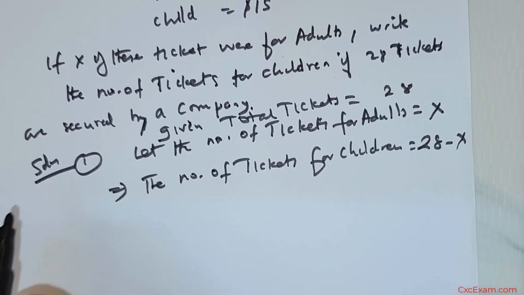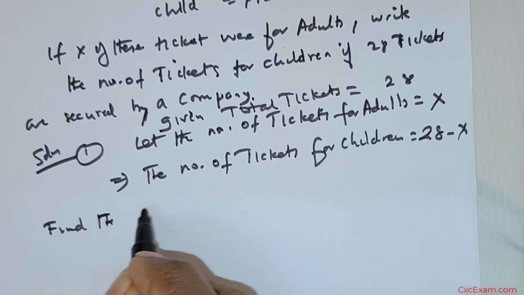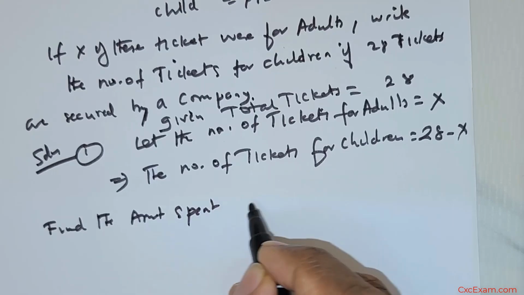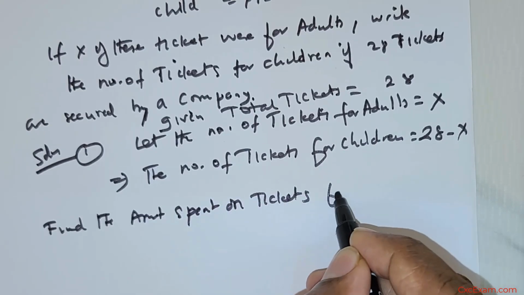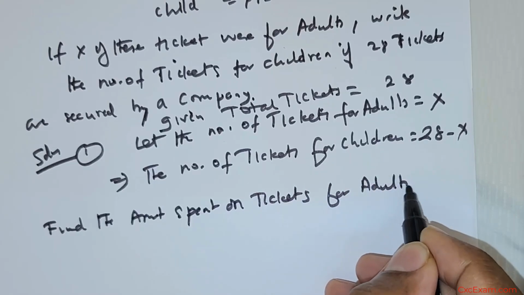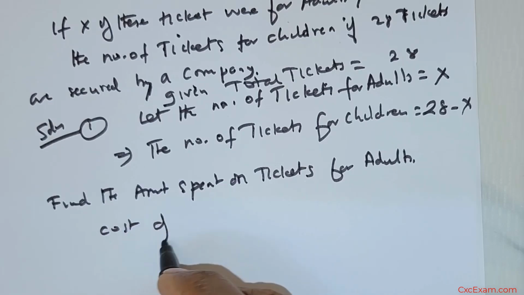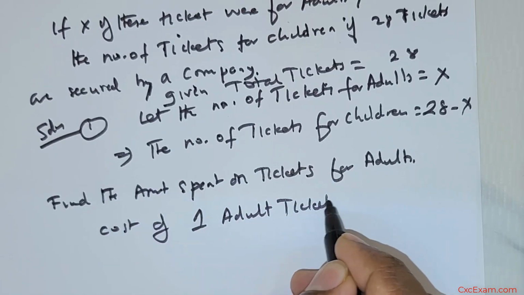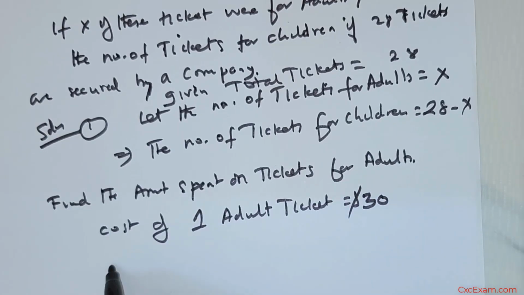So next question, find the amount spent on tickets for adults. So this is a solution. Cost of one adult ticket is equal to what? $30.